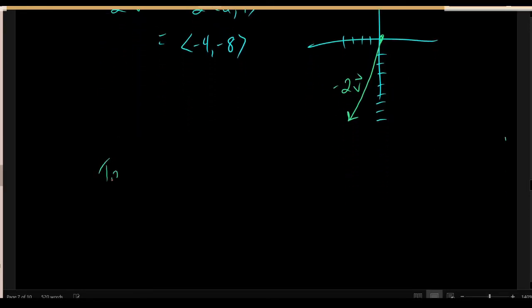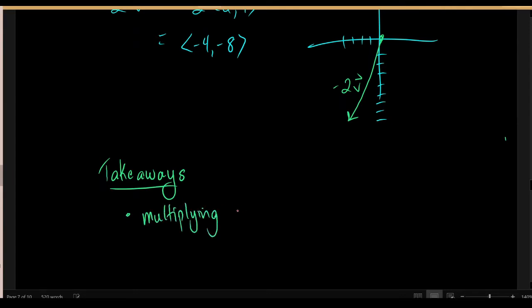So takeaways here. One is that multiplying by a positive c gives you a vector with the same direction that you started with. So it preserves the direction, it keeps it the same.